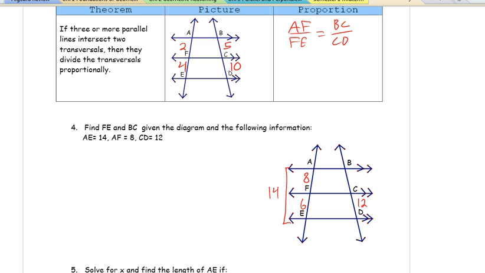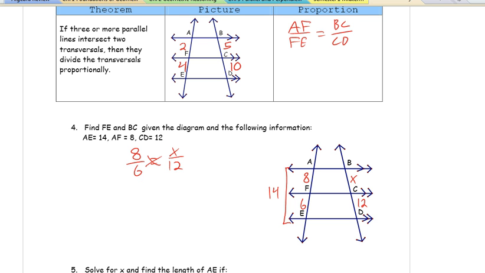To find BC, we don't know how to do that yet, so let's give that an X. And again, the way this is set up, it is almost putting it in a proportion for you. So what we would say is 8 over 6 is proportional to X over 12. Cross multiply, so we get 8 times 12, and we're going to end up dividing by 6.